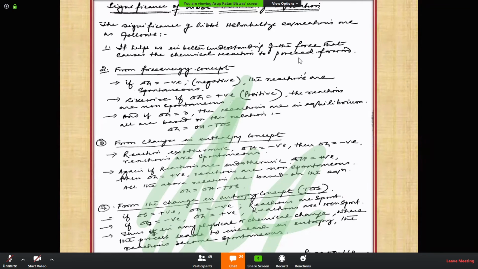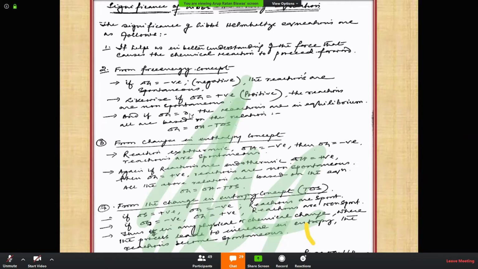From the next session, I will take from here onwards, because this portion is very important. If you understand this, I think you will understand everything, because there will be a lot of questions from this particular slide. What is the significance of the Gibbs-Helmholtz equation?